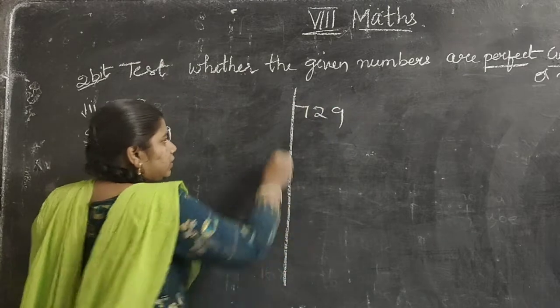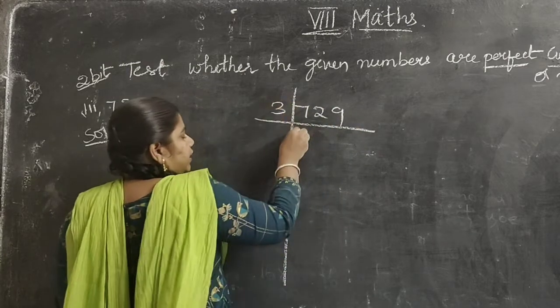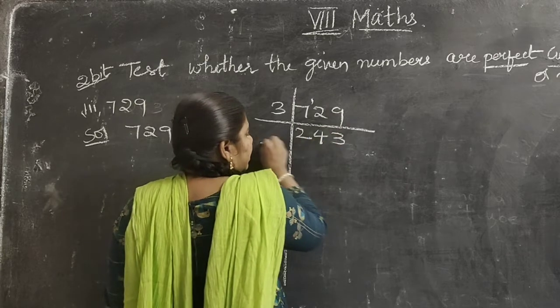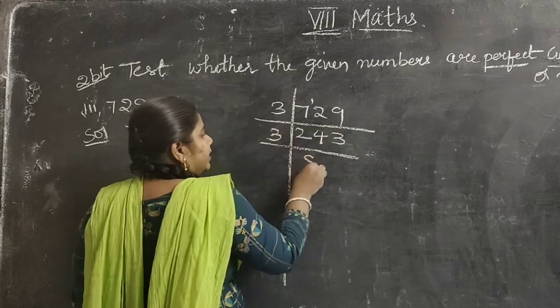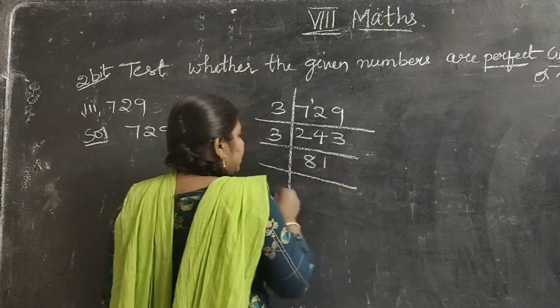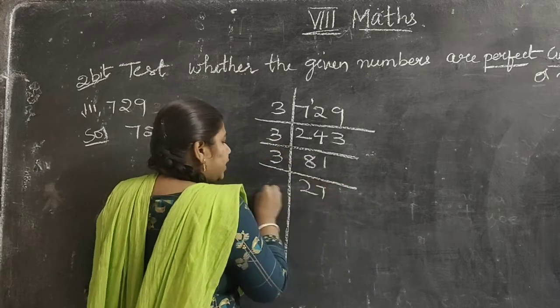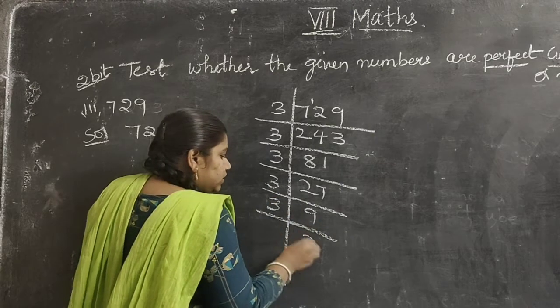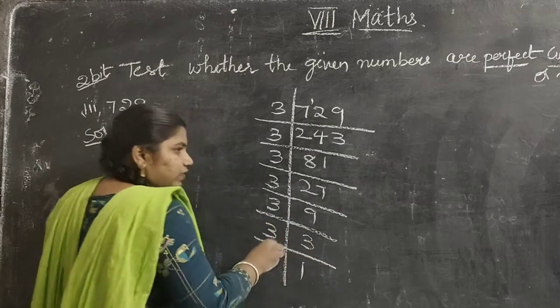So it will go in 3 table. 3 2s are 6, 3 4s are 12, 3 3s are 9, 3 8s are 24, 3 1s are 3, 3 27s are 81, 3 9s are 27, 3 3s are 9, 3 1s are 3.